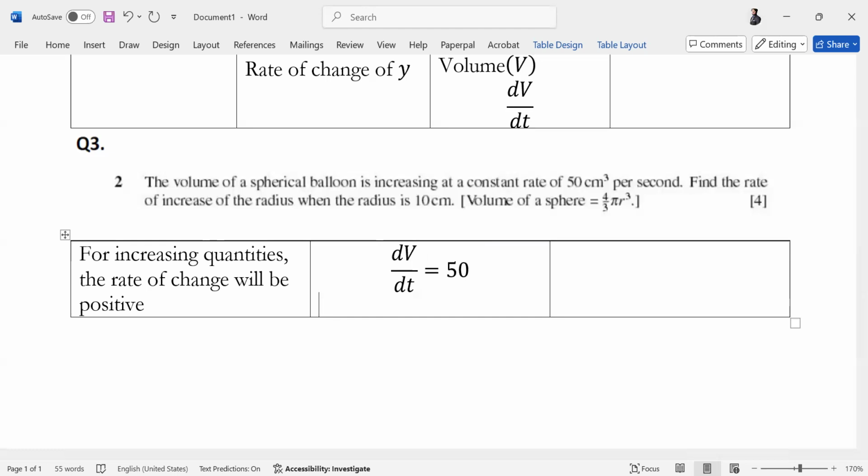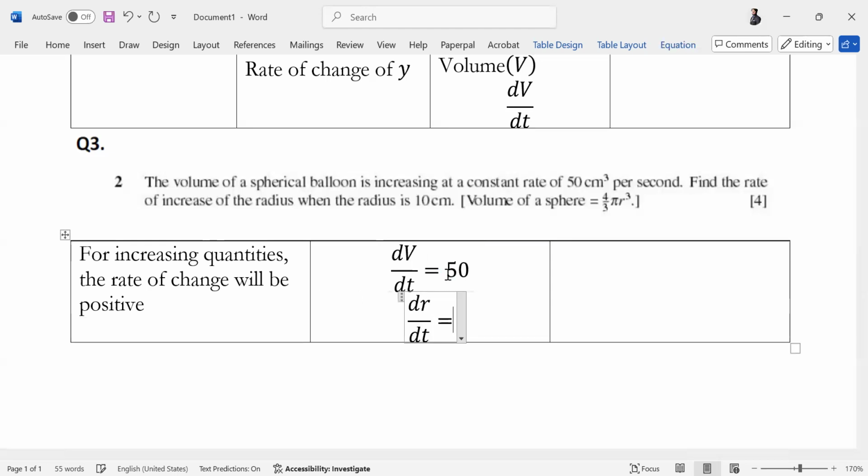What is the rate of increase of radius? dr by dt is required when the radius r is 10. This is just what is mentioned in the question. I have not done a single step of the solution till now. This is just the data. I've extracted that out. They've provided me with one of the derivatives and have asked me the other one.